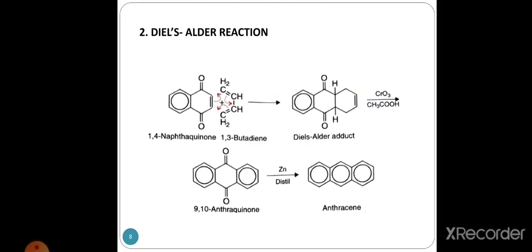The product of this reaction is oxidized with chromium trioxide in glacial acetic acid to form 9,10 anthraquinone. Further, distillation of anthraquinone with zinc dust yields anthracene.